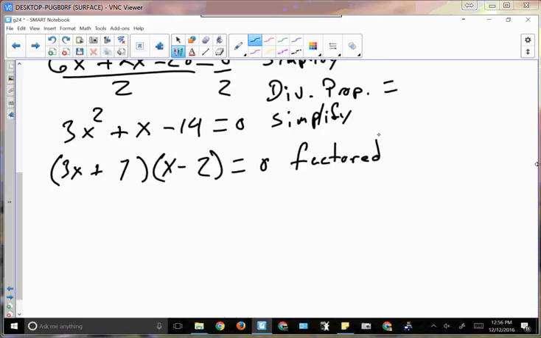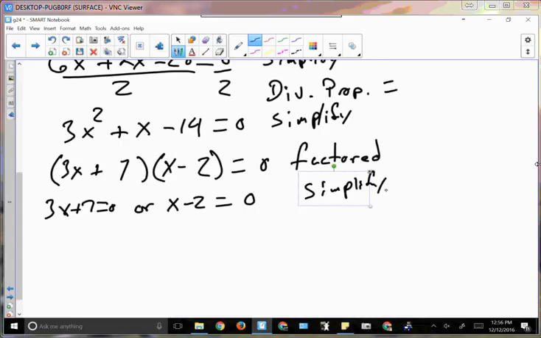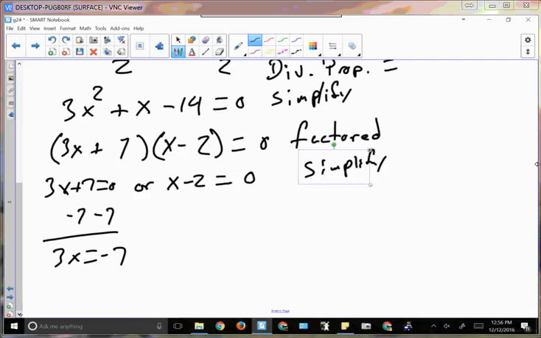So, now, 2 possibilities. 3x plus 7 is equal to 0, or x minus 2 is equal to 0. Okay, simplify. Let's see, subtract 7, 3x is going to be equal to negative 7. Add 2, x is equal to 2.